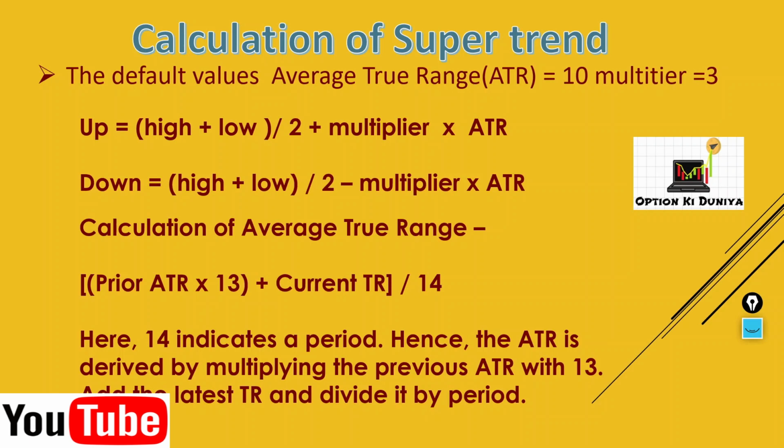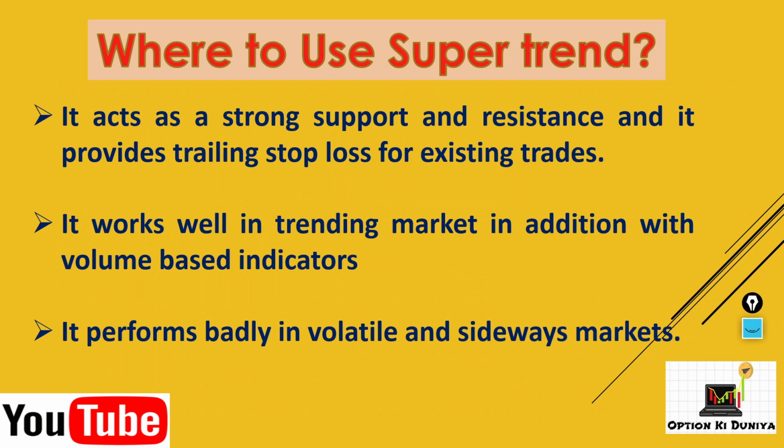So add the latest ATR and divide by the period. Whatever we covered with regard to the calculation of Supertrend is not so important nowadays because it is readily available on trading terminals and in some websites.